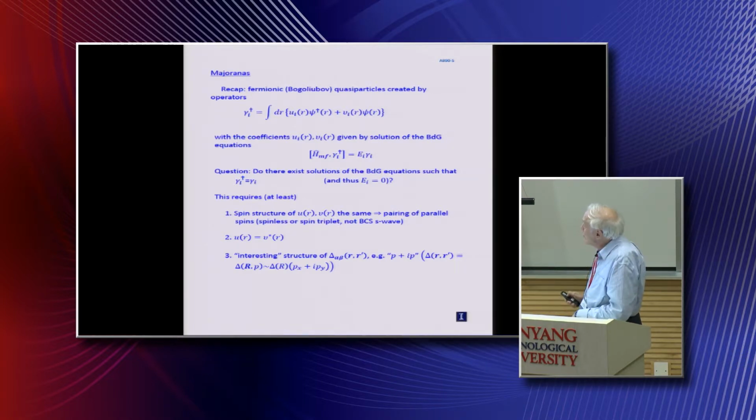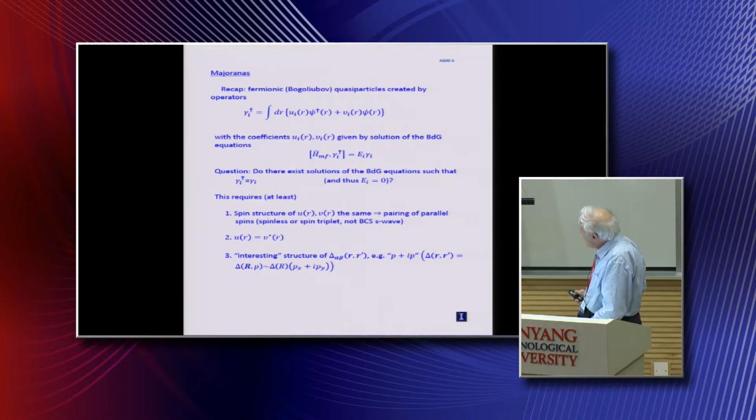In other words, do we find particles in condensed matter physics which, crudely speaking, correspond to the idea of a Majorana in particle physics? And it turns out the answer is yes, but it requires several things to be right.